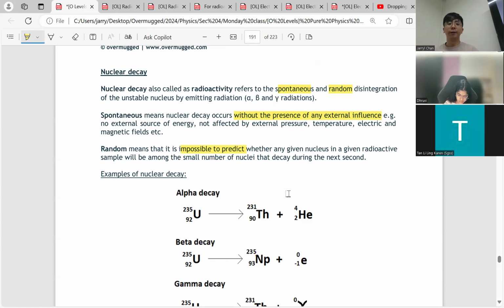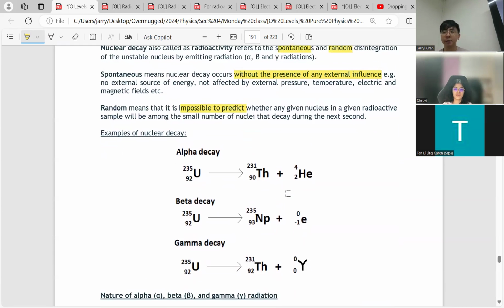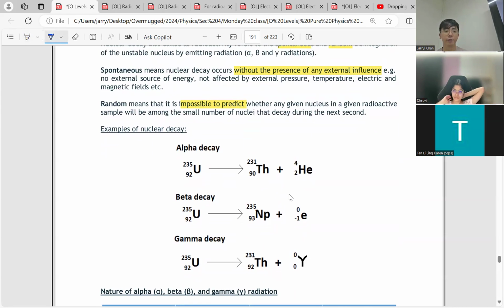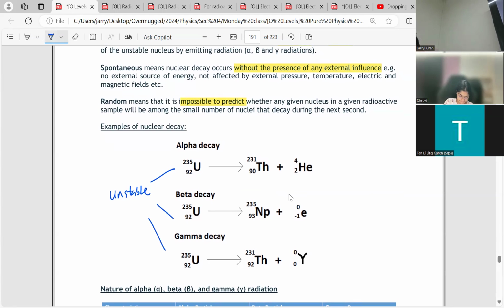So long story short, the nuclear decay, you can think of it as, I am releasing either alpha, beta, or gamma. Something is happening to the nucleus simply because they are unstable. This stuff over here, they are unstable. Therefore, they decay.